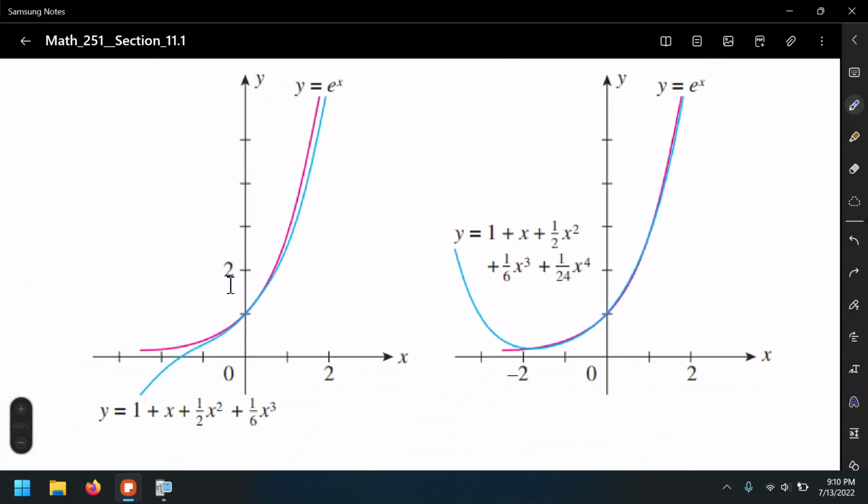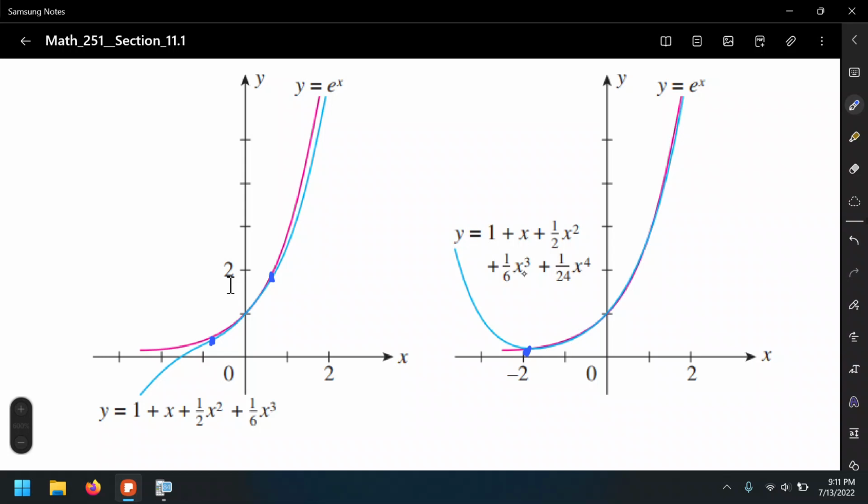If we keep going, and perform instead a cubic approximation, see how the cubic approximation is a lot closer at more points to the actual value of the function. And even better, check out the quartic approximation. Look how the two graphs are almost identical, except for these mini gaps right here.